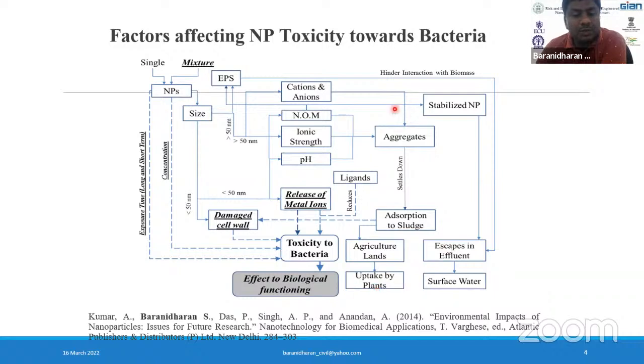And then with respect to stabilized nanoparticles, or with the interference of any of the biomass, EPS, extracellular polymeric substances also induce particles to remain stable, and then they can get absorbed onto the surface, and in that way they can also help to remove them from the system.